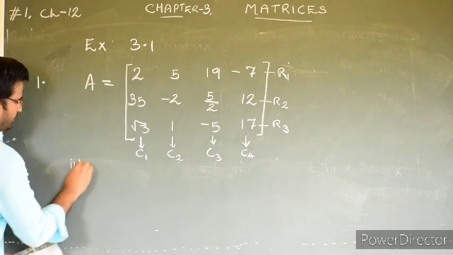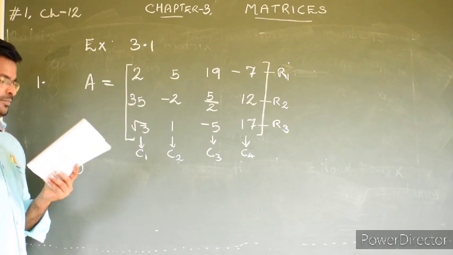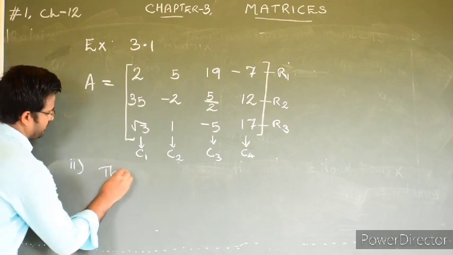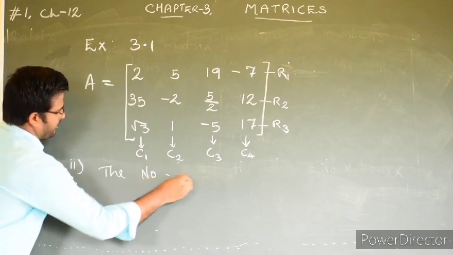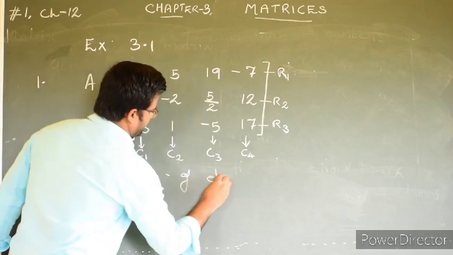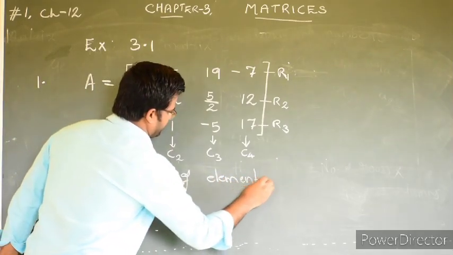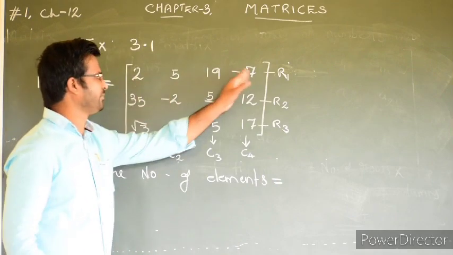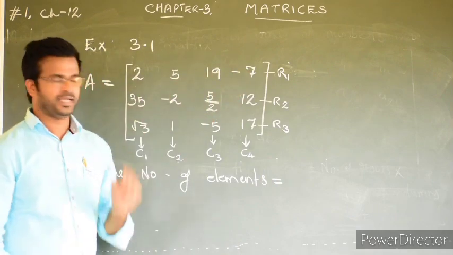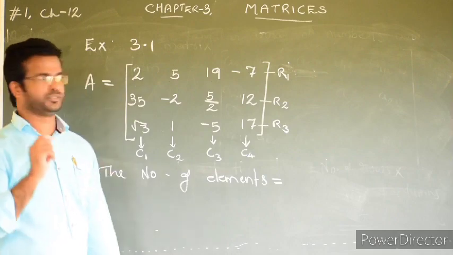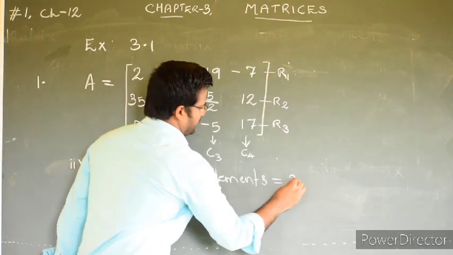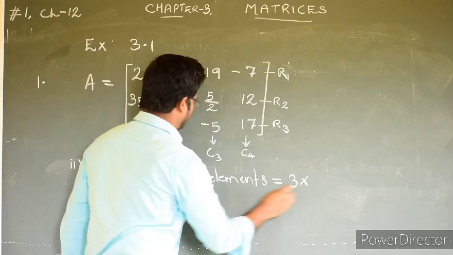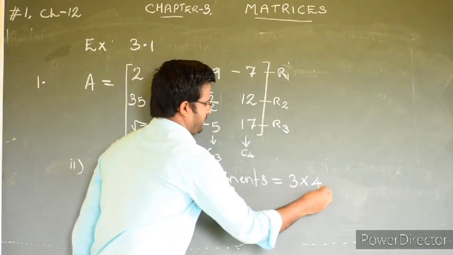Then Roman number 2. The number of elements. You can count 1, 2, 3, 4, 5, 6, like that you can count. Otherwise, you know the order of this matrix, that is 3 rows, then 4 columns.